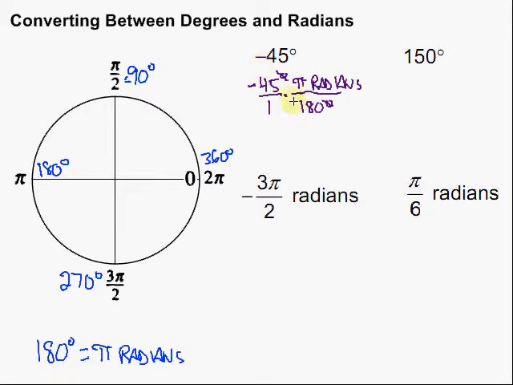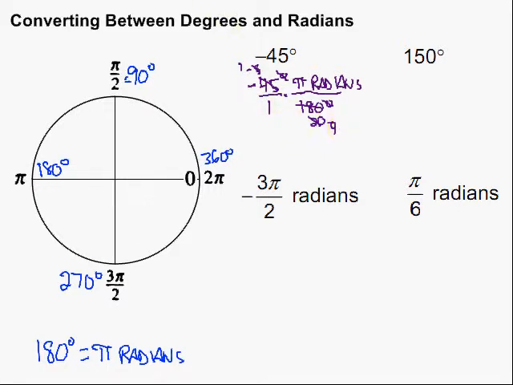So to simplify that, let's see, we could divide by 9 on the top and the bottom. So let's do that. Divide by 9, that would be negative 5. This would be 20. Looks like we can divide by 5 again. So I'm going to divide by 5. That gives me negative 1.